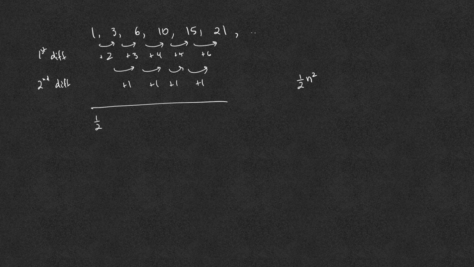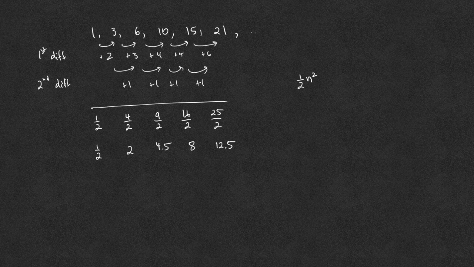When n equals 2, the second term is 4/2. When n equals 3, the next term is 9/2. When n equals 4, this is 16/2. When n equals 5, this is 25/2. This is 1/2, 2, 4.5, 8, and this is 12.5.